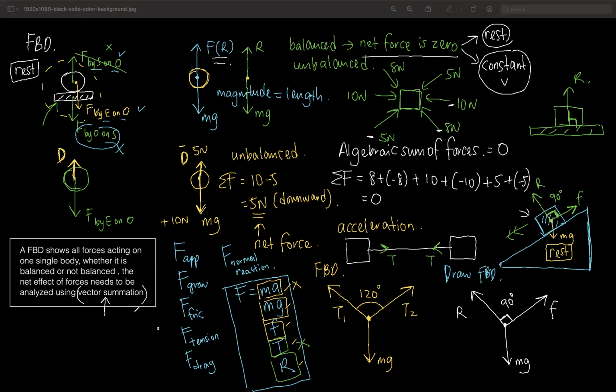What is the vector summation method? In the next part, I'm going to talk about how we find resultant forces, given a free body diagram. Now, if you want to take a screenshot, take it now. I want to erase this.